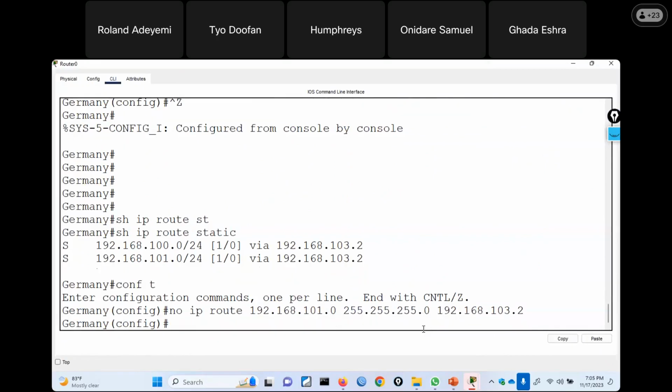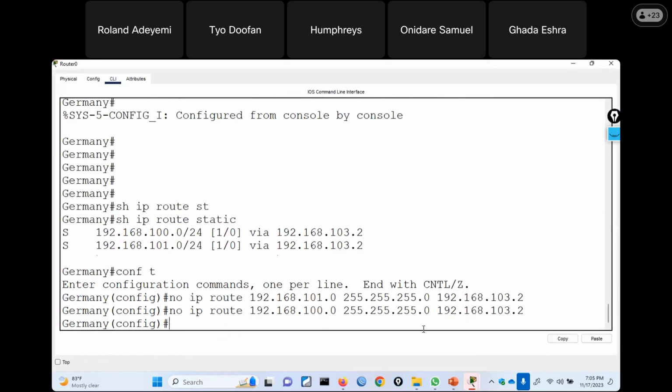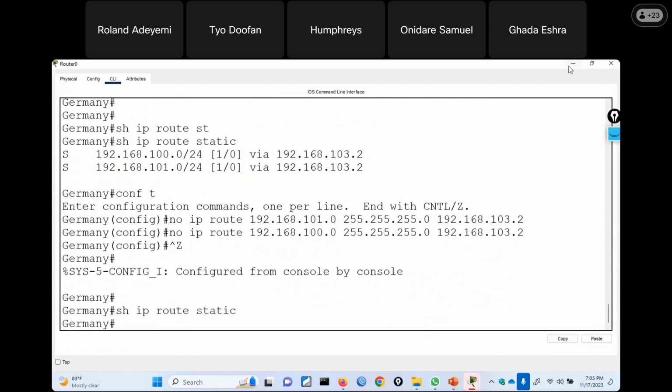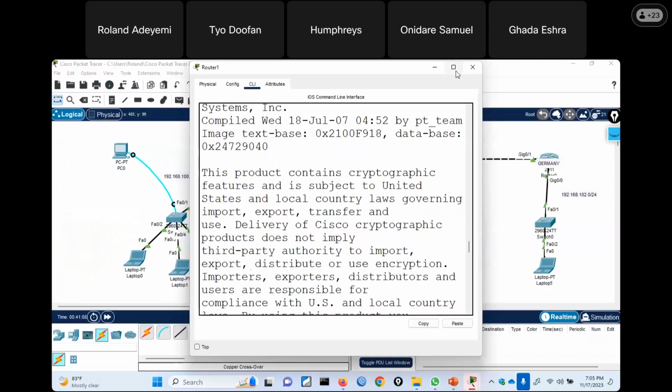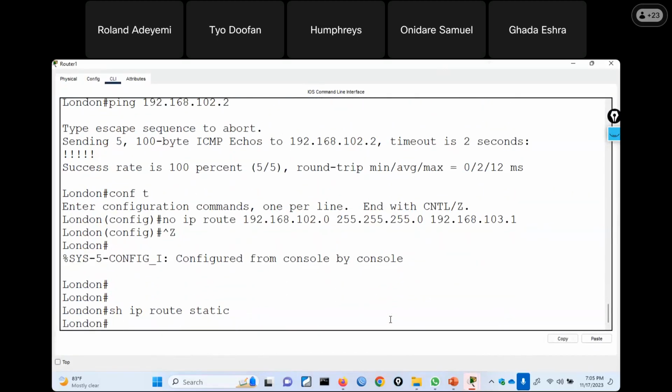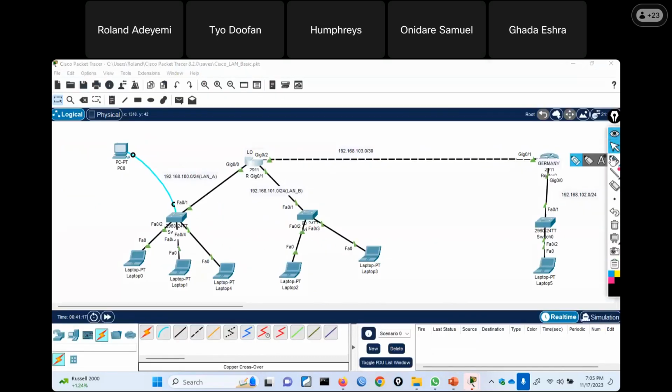So no static route here again. Let's check the other side too. No static route. So what if I have a scenario where I only want this computer here to talk to this computer? Only the two of them to talk to themselves.